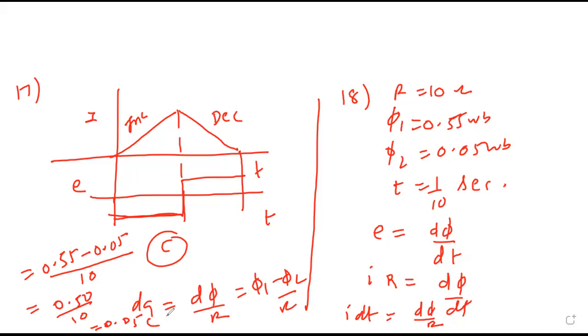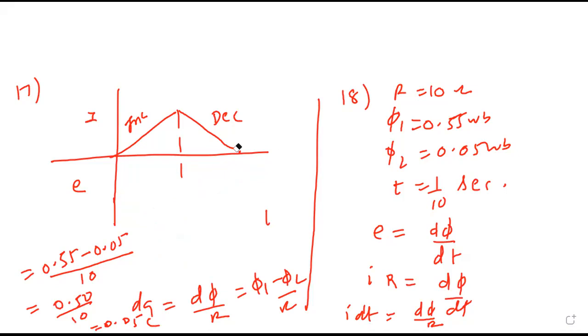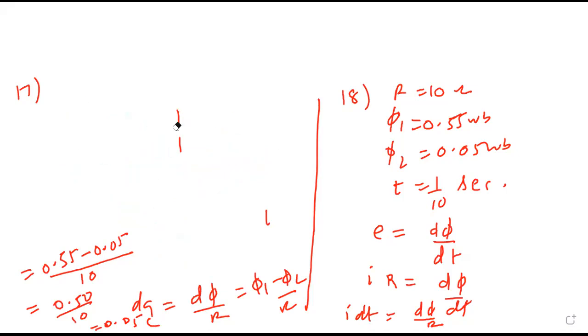Option C. Or somebody wants to make use of time, then they will find EMF, then IR, that will be a very lengthy affair. So charge induced is nothing but change in flux upon resistance.